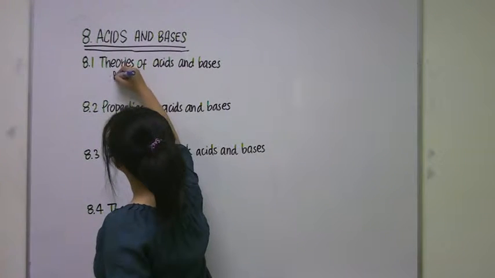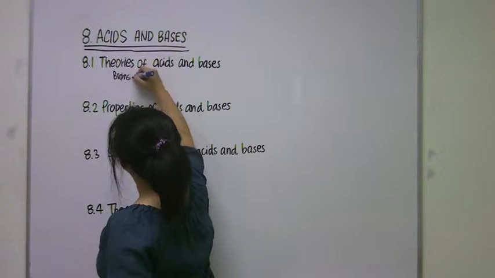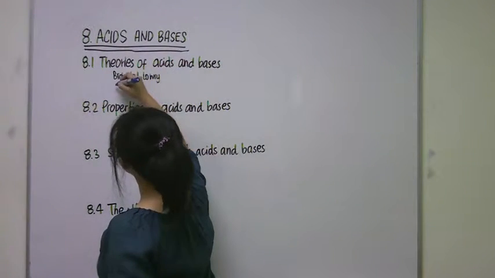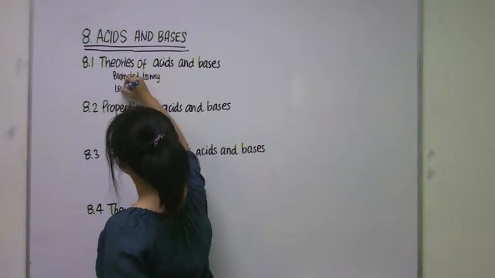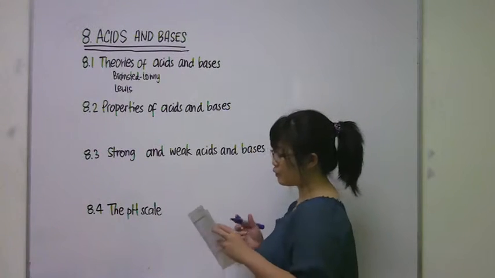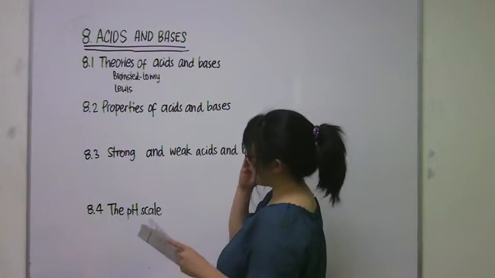One is Bronsted-Lowry acid and bases, and the other one is the Lewis definition of Lewis acids and bases.